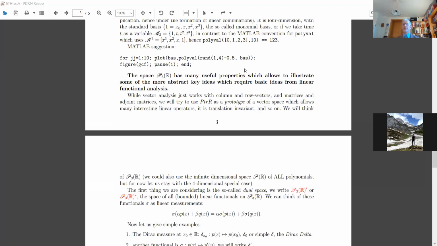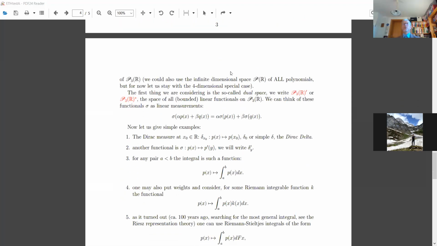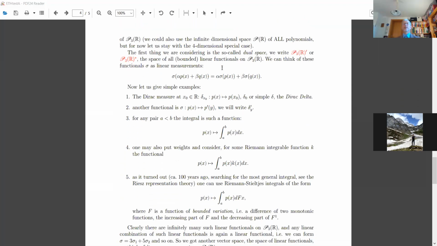Now, in the abstract viewpoint, it will be very important to talk about linear functionals, or the so-called dual space. And as I repeatedly mentioned, going from column to row vectors is very naive and does not tell you what you should have in mind.